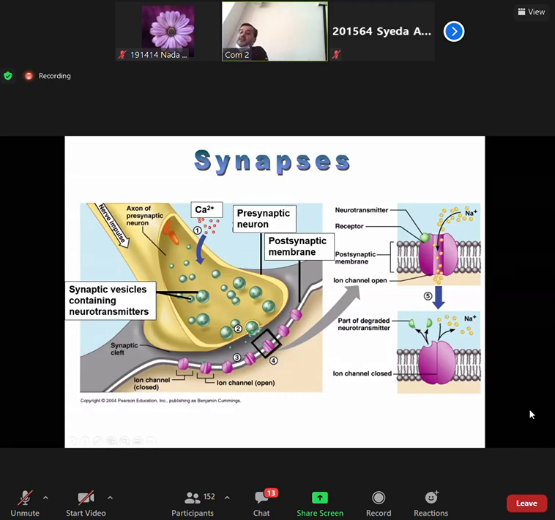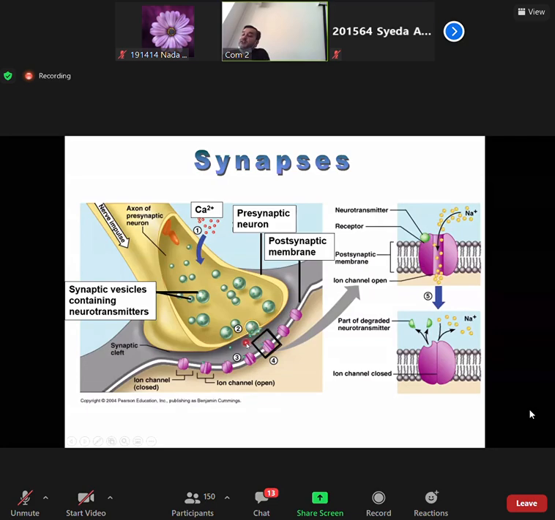Now, what happens in chemical synapses is that you have these neurotransmitters which are present in the axon terminal. And when there is calcium influx into the axon terminal, this makes these vesicles, which are containing neurotransmitter, bind to the axon terminal membrane and release their payload.